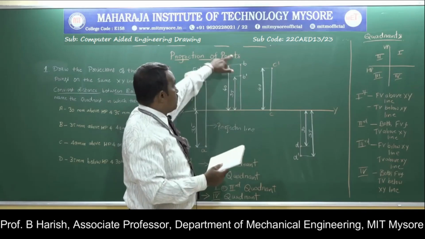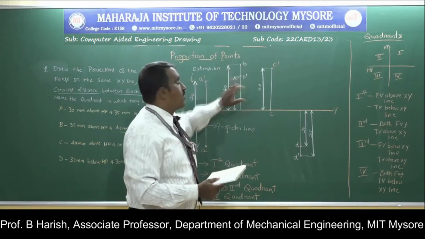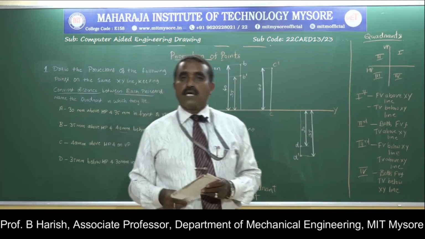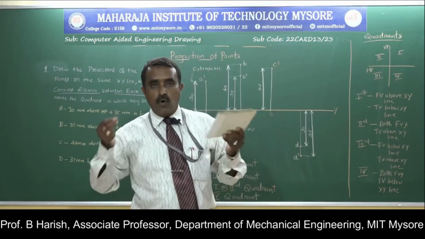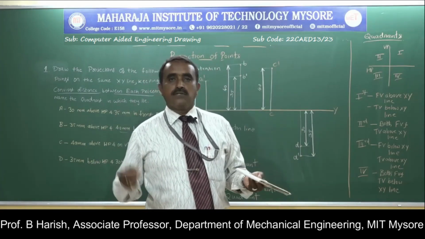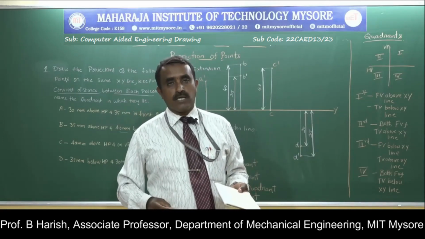The distance of 40 will be your top view, whereas 35 will be the front view. So in graphics, imagination should be there. How will be the position? If your basics are perfect, then analyzing the problem and drawing the solution will be easier.